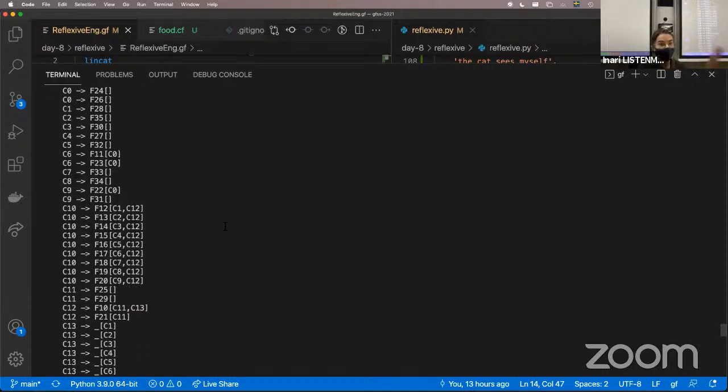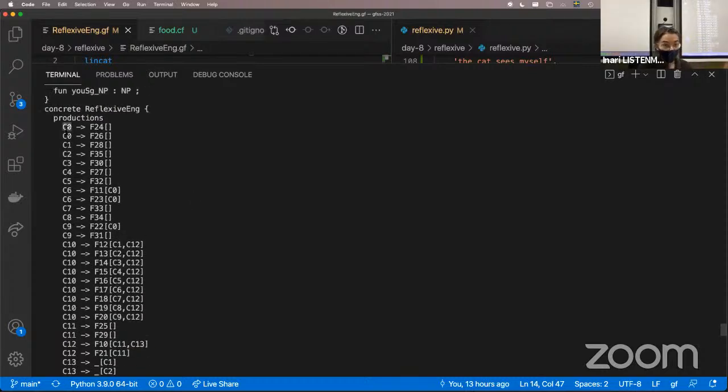So that's the abstract syntax, and we have productions just like in the CFG. You don't need to know what these C's and F's mean, but certainly you see that there are a lot of ways of making C10, whatever it is. Actually, C10 is VP, and C1 to C9 are all NPs. Sorry, I guess C10 must be the S. No, it can't be.